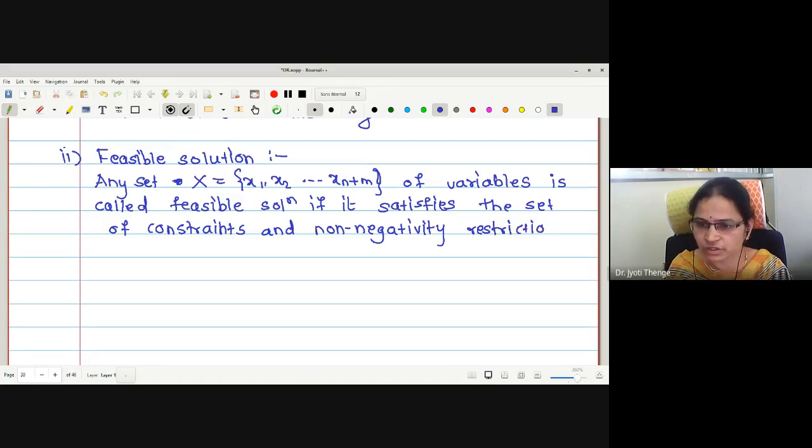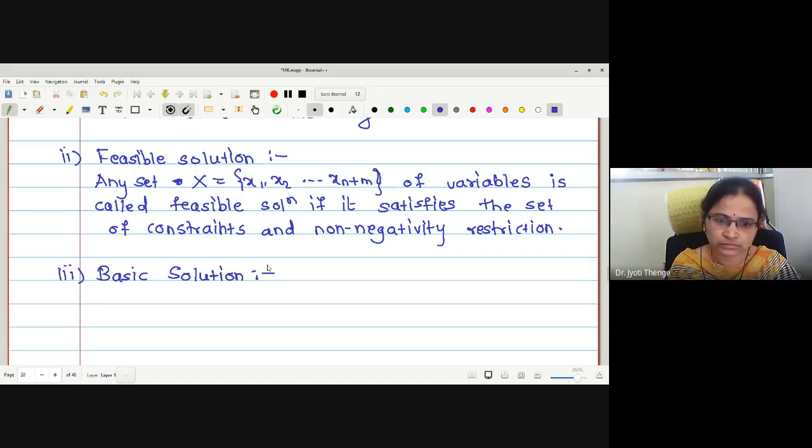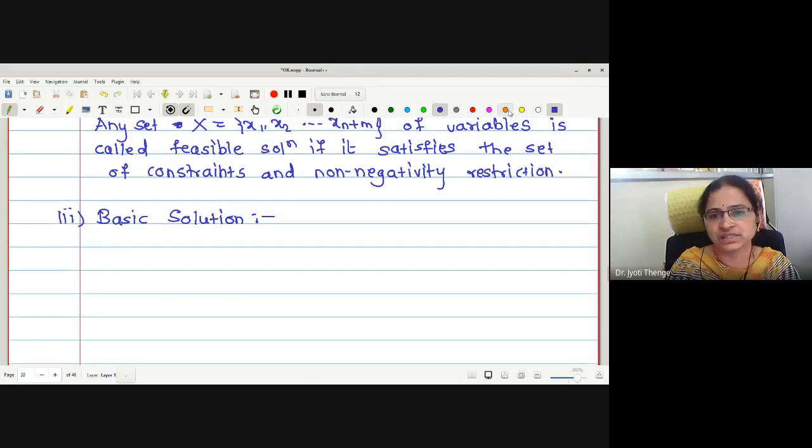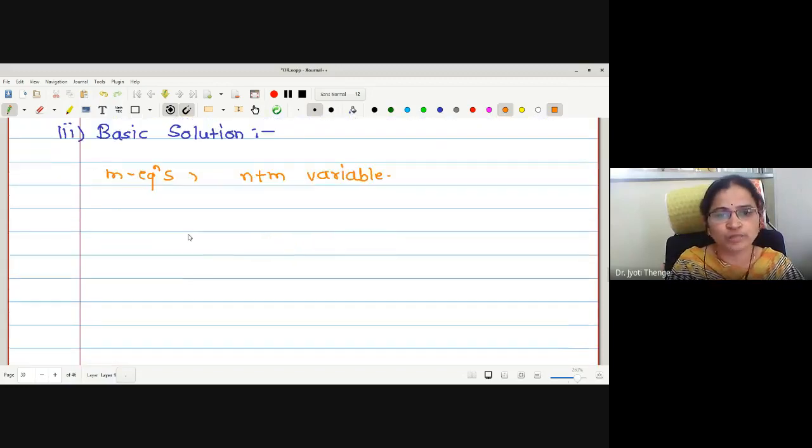Now let us come to the third point, the basic solution. This is the case we were discussing. We have in all m equations and n plus m variables, and in order to get the finite or unique solution, what job were we going to do? We will put any n variables to 0.